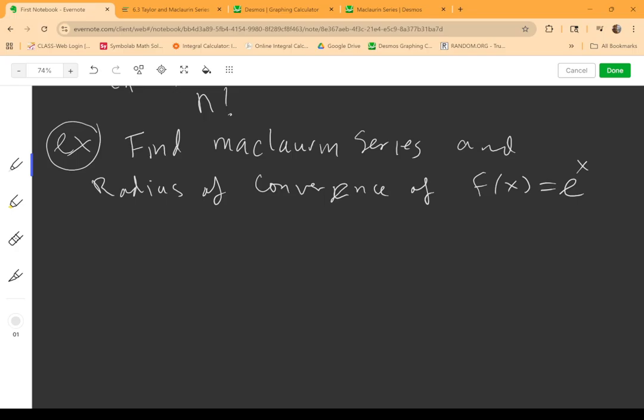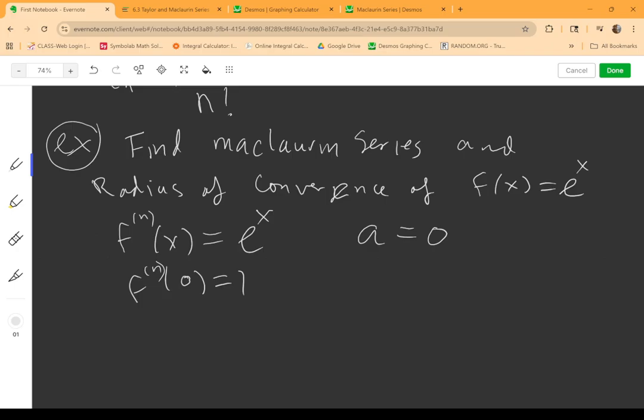Now this one is easy to work with because no matter what the derivative is, first derivative, second derivative, 100th derivative, that's always e to the x. And here it's Maclaurin, so that tells me that a is 0. So whatever the nth derivative is at 0, it will always be 1.